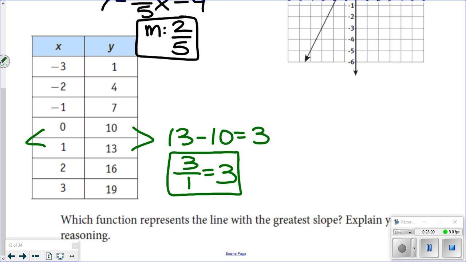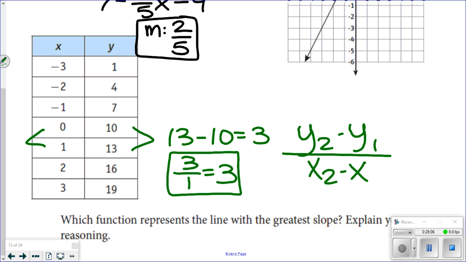You could have used the slope formula. Remember, your change in y goes on top in the numerator, and your change in x is in the denominator. So these are going up by 3's, and these are going up by 1's. 3 divided by 1 is 3.